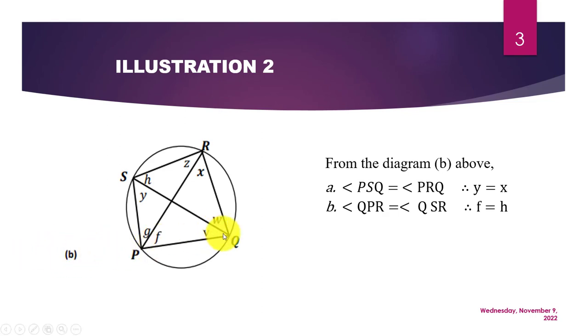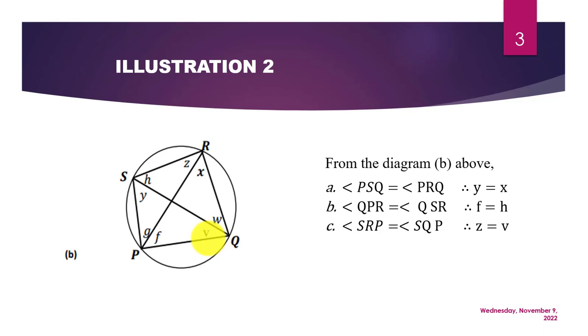Angle QPR is located here at point P on the circumference, which is angle F. And angle QSR is also located at the point S, that is angle H. So by this theorem, we say angle QPR is equal to angle QSR. Therefore, angle F is equal to angle H.